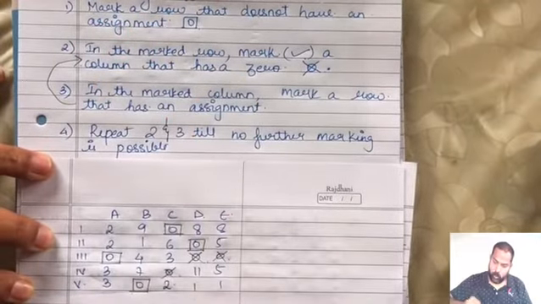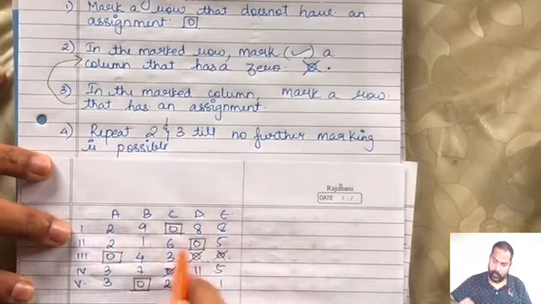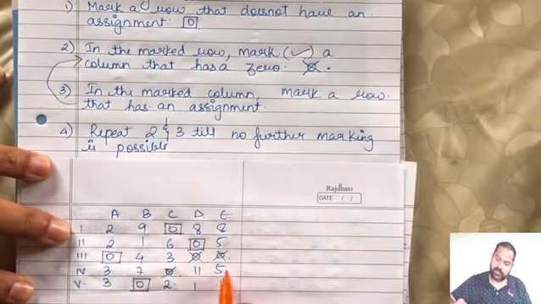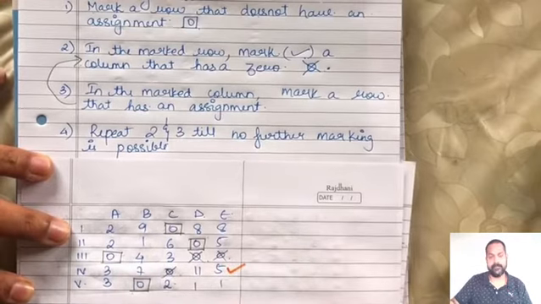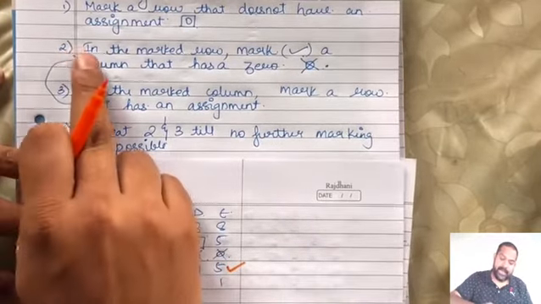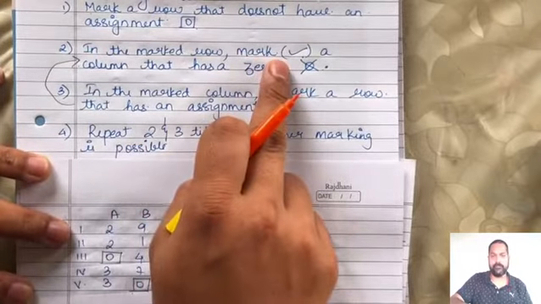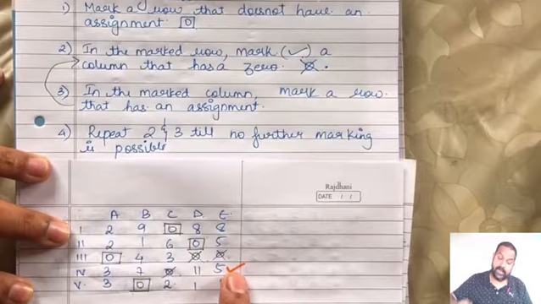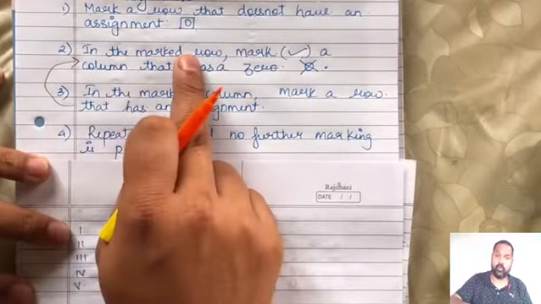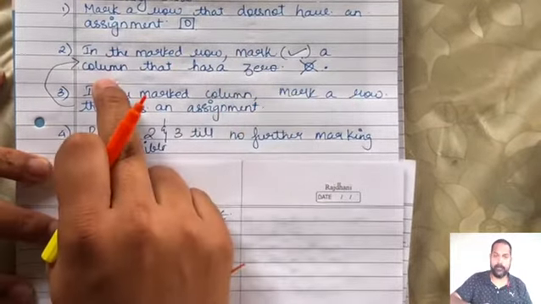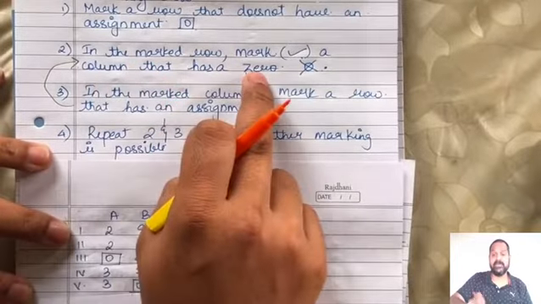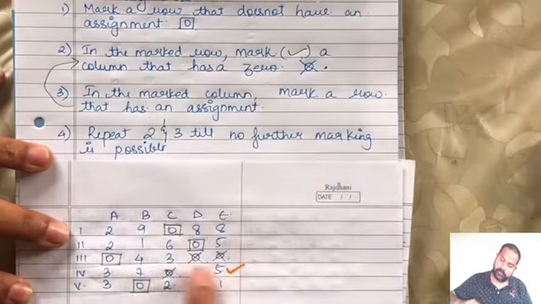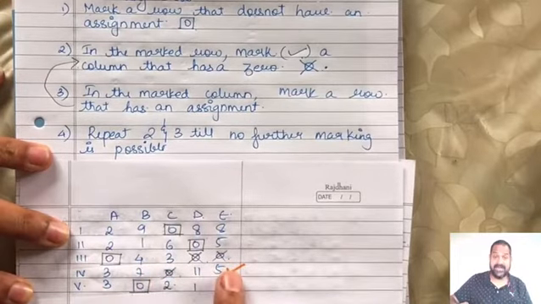Row number 1 has an assignment, row number 2 has an assignment, row number 3 has an assignment, row number 4 does not have an assignment. Mark it. In the marked row, mark a column that has a 0.